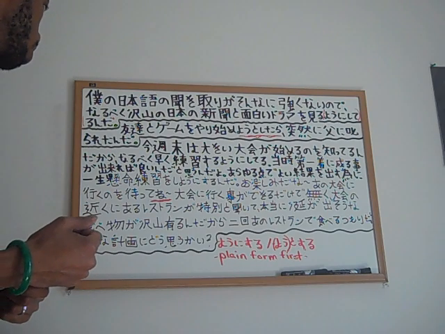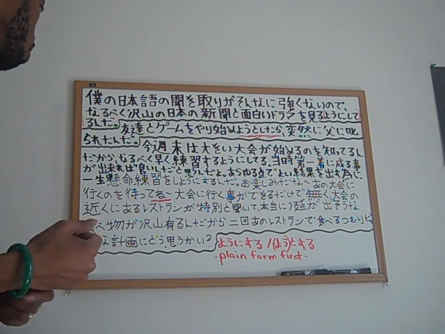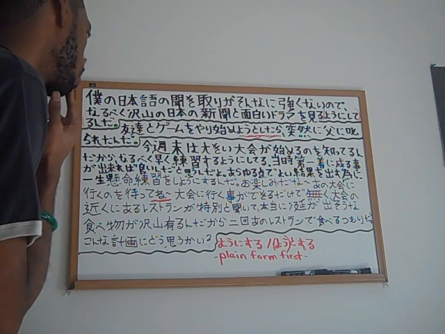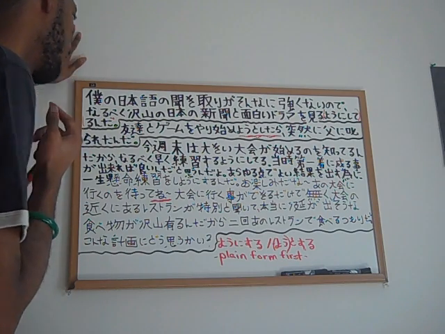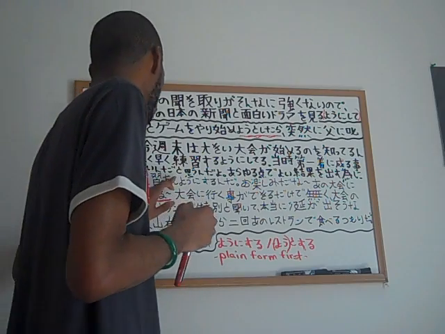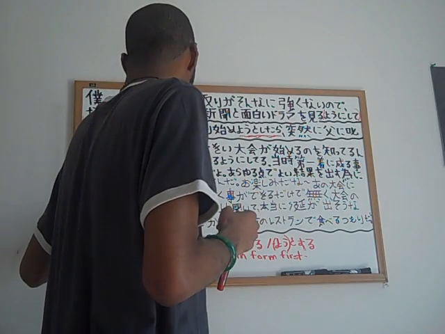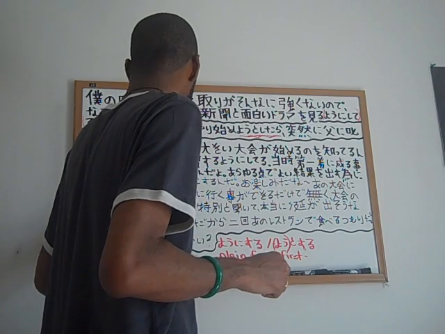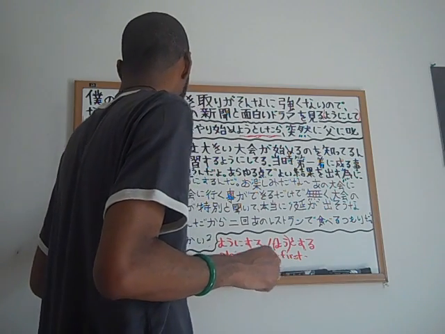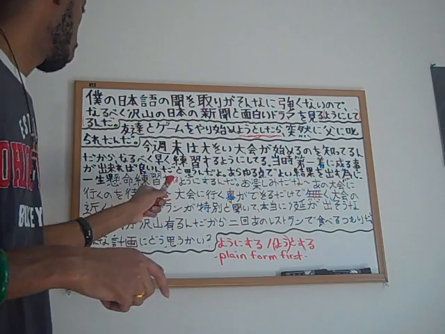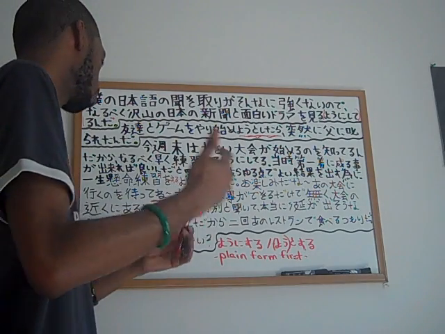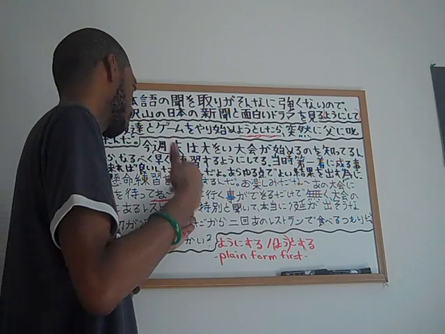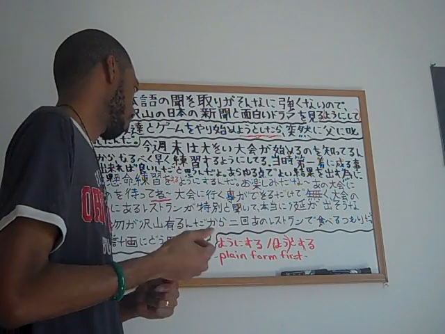Let me see. Okay, I think I messed up somewhere. 練習をするようにする. Okay, yeah, this here should be 練習をする, not she. It should be する here. My mistake. So it should be 練習をするようにする because that means make sure or try to. So I'm going to try and practice. I'm going to try and practice diligently, very hard.